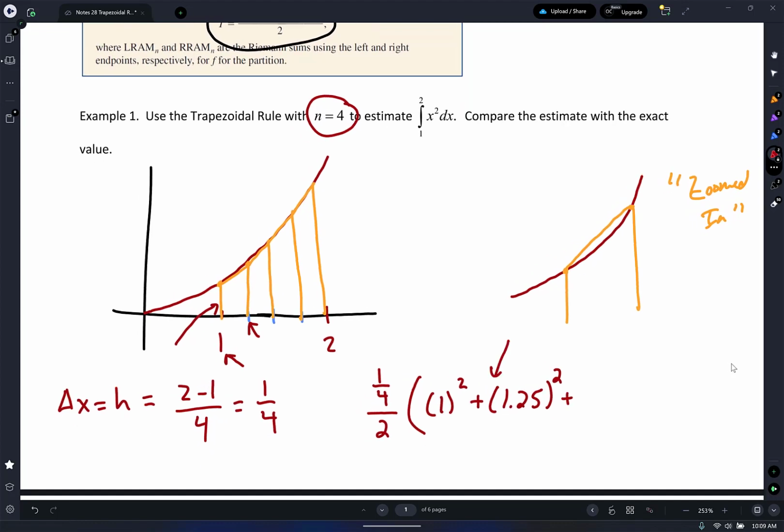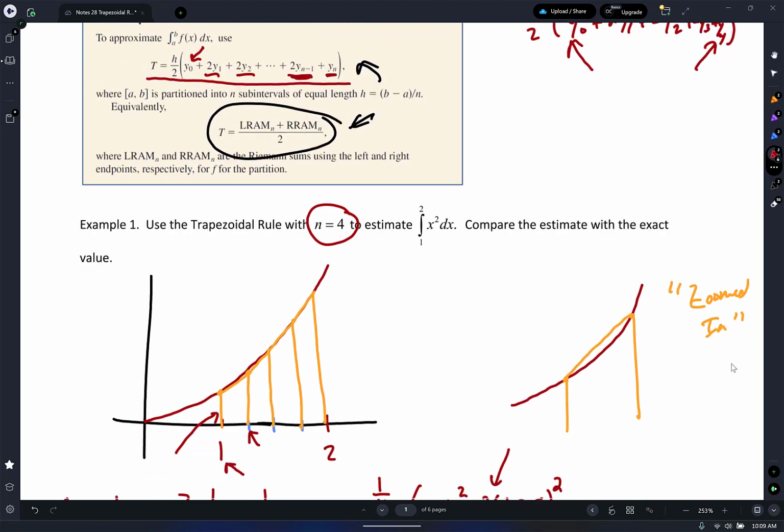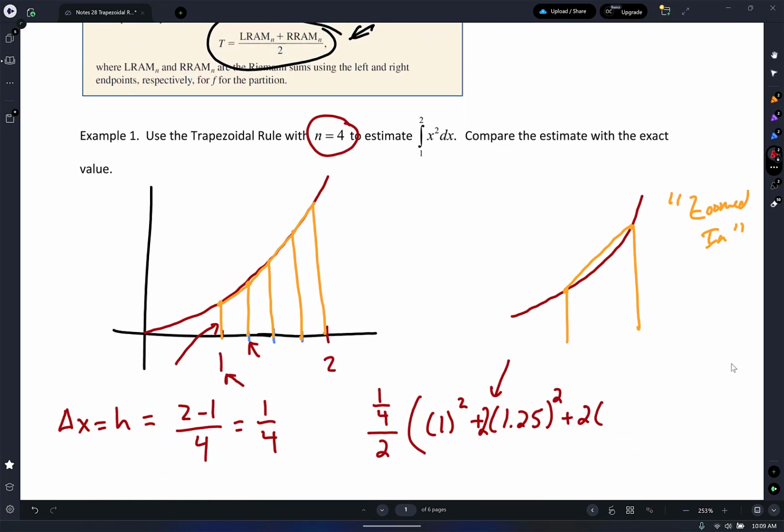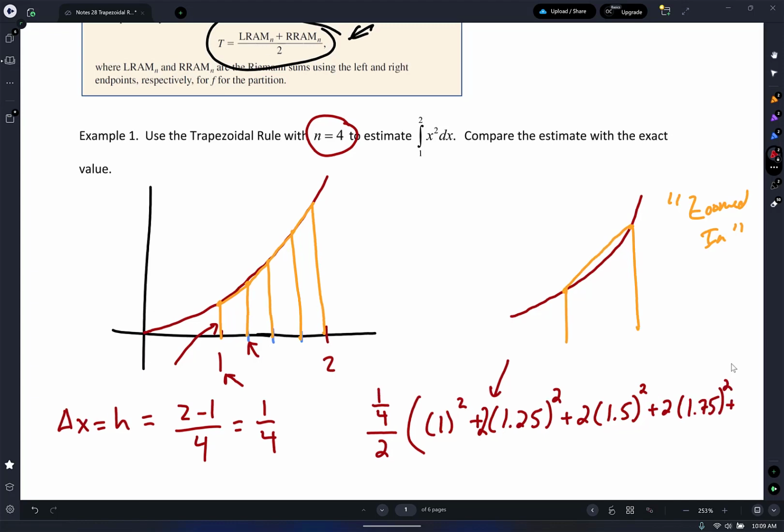What am I forgetting right in front of that? A 2, because that's part of the formula. And we derived the formula right here, guys. Plus 2 times, what's the next y value? 1.5 squared, plus 2 times 1.75 squared, plus, do I need a 2 in the front or no? Nope. What did I put? 2 squared. Close the parenthesis.